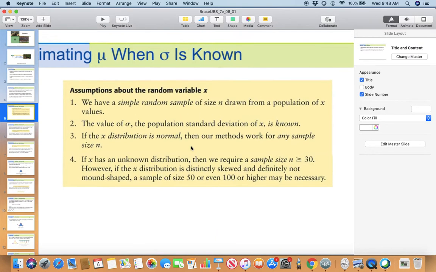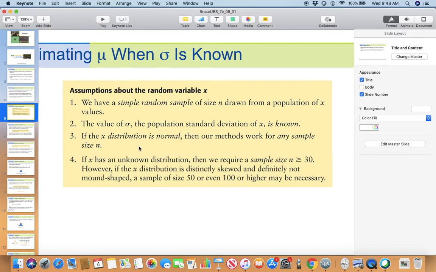First assumption: we have a simple random sample of size n drawn from a population of x values. So our sample is simple random, and we have a fixed size n. We know the value of sigma, that is, the population standard deviation of x is known.